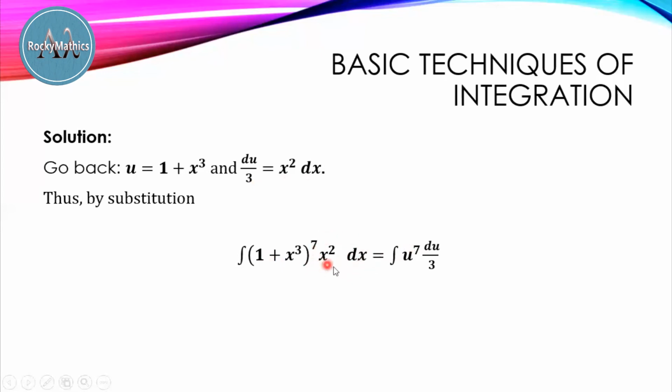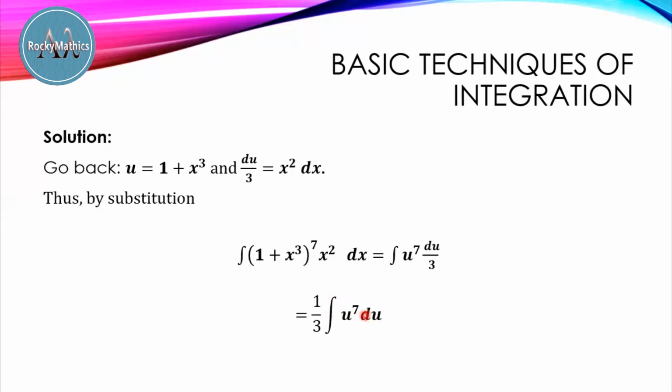Take note that du over 3 is equal to 1/3 du, and 1/3 is a constant, so we can write 1/3 outside the integral symbol. So this becomes 1/3 times the integral of u raised to 7 du.